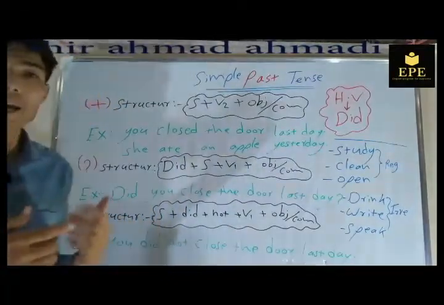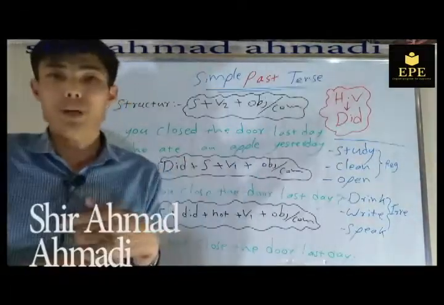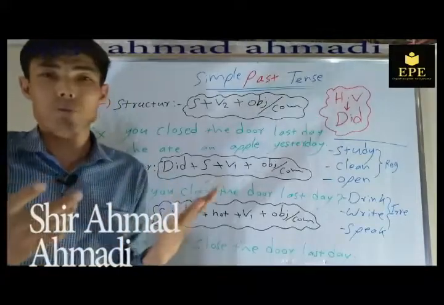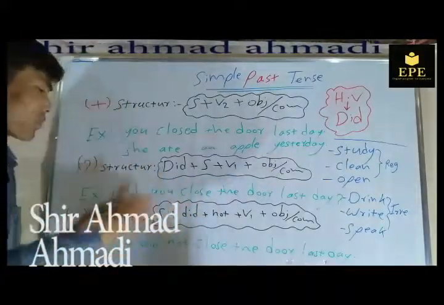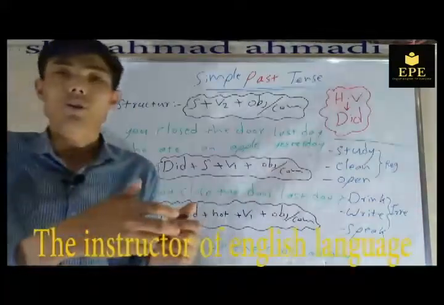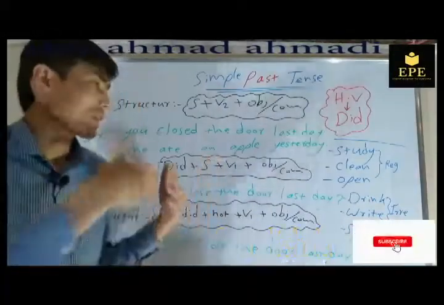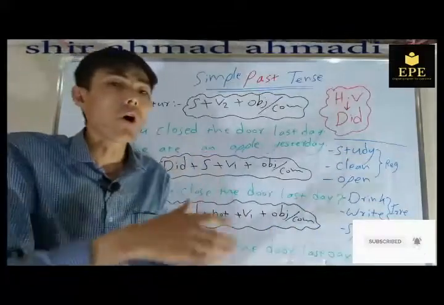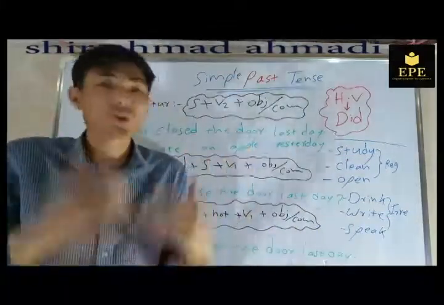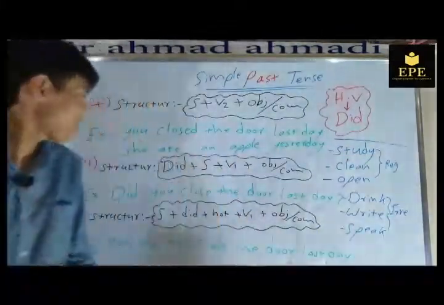On the other hand, in irregular verbs, there are different forms. For example, the first form is different, and the second form is different, and all the forms are totally and completely different.